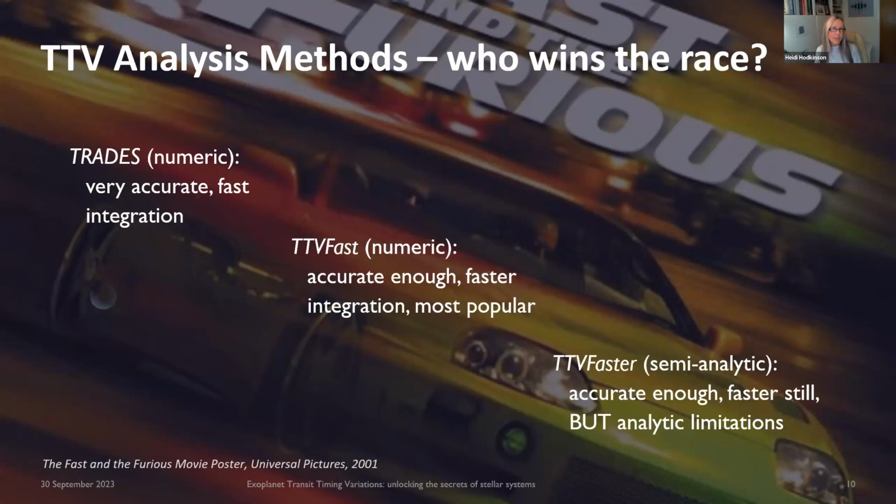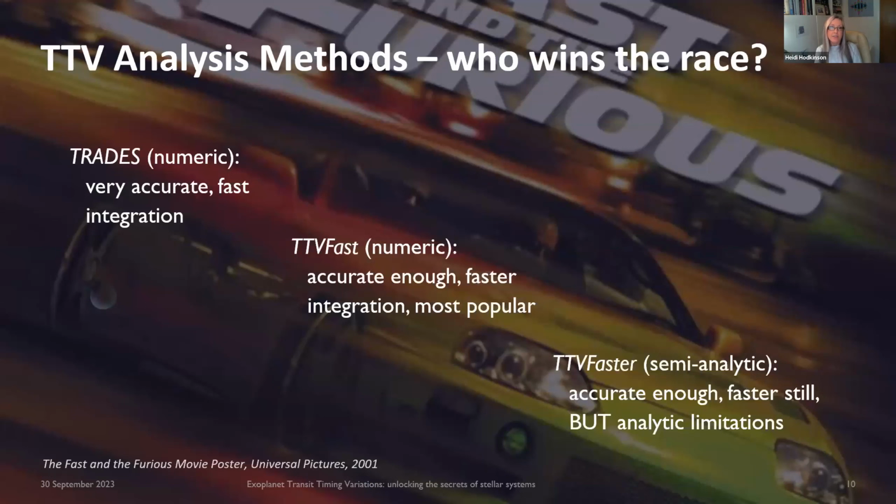From two of the same developers of TTVFast came the semianalytic TTVFaster in 2016, available in C, IDL, Julia, and Python. It was tested to be around 400 times faster than TTVFast and with similar accuracy. So while TTVFaster clearly wins the speed race, being an analytic method, as it was generated from analytic formulae, it does also suffer from some limitations and doesn't take RV data.